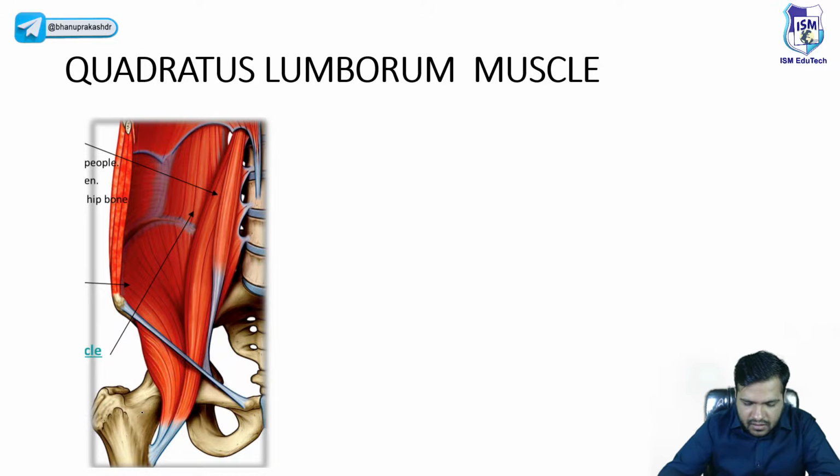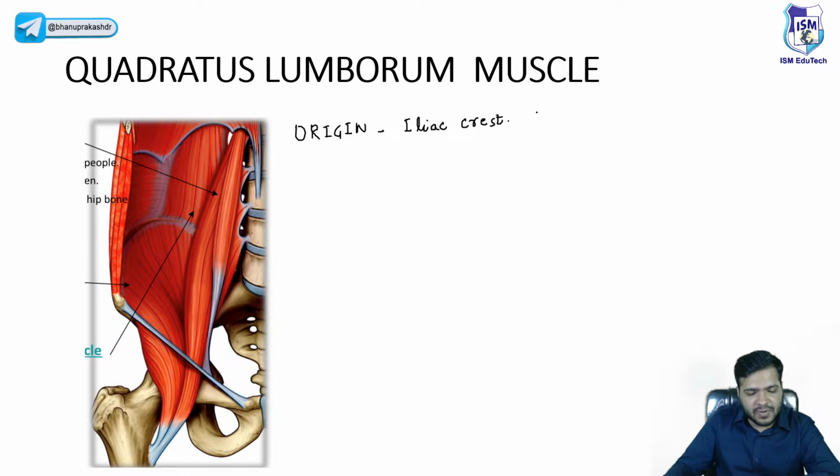Okay, so yes, quadratus lumborum, basically the origin of the quadratus lumborum is from the iliac crest, okay, and the iliolumbar ligament.